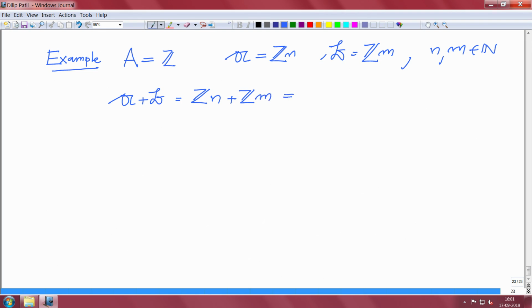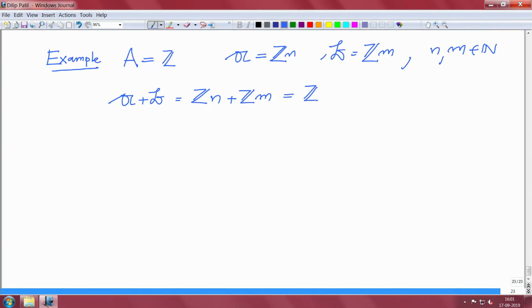And what is this? We know this again has to be principal, because every ideal in the ring Z is principal. And what will be the unique generator? That is precisely the GCD of n and m. This I would say check. That is clear, because how do you compute the GCD of n and m?